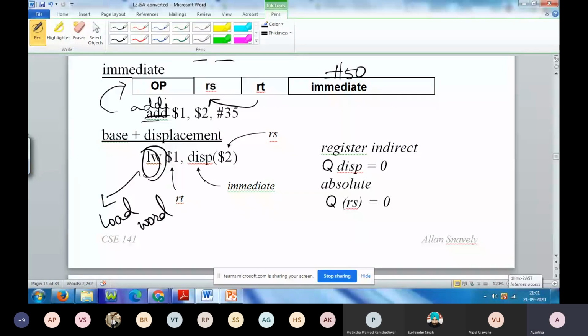Load word means, not always, but when you are considering base plus displacement, that means you have specified some displacement and you have specified some base address. Now here, if you see, it is given RS. RS means this is your base register address. From this base register address, you have specified some displacement.